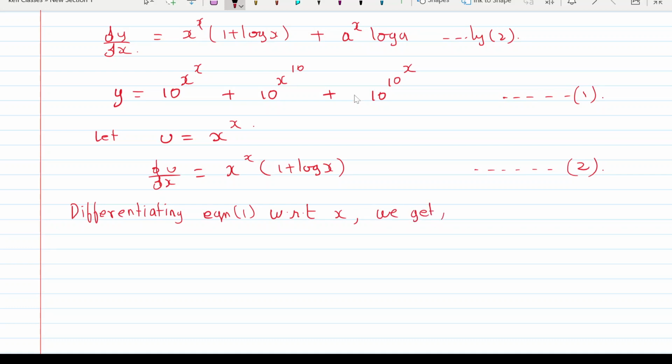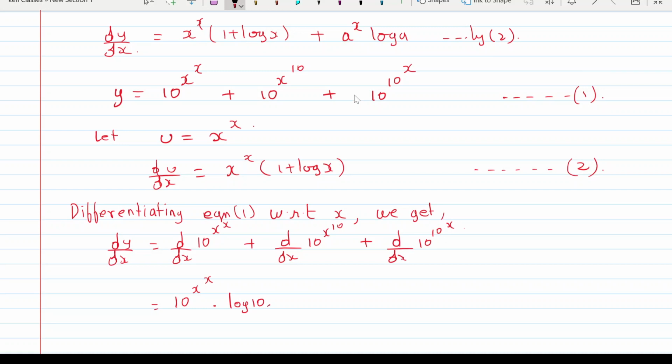So differentiating equation 1 with respect to x, we get dy by dx is equal to d by dx of x raised to x plus d by dx of x raised to 10 plus d by dx of 10 raised to x, which is equal to x raised to x into log x... it will be 10 raised to x into log 10 into d by dx of x raised to x plus 10 raised to 10 log 10 into d by dx of x raised to 10 plus 10 raised to x log 10 into d by dx of 10 raised to x.